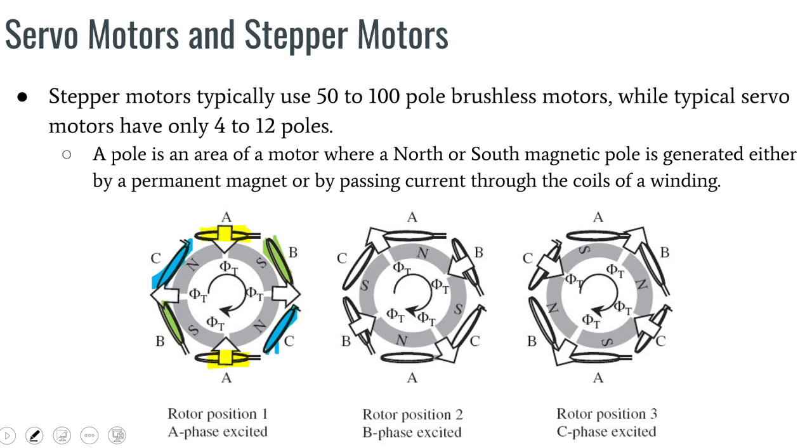When they are at a particular pole, a particular phase will be excited. Also, when a particular phase is excited, that is the pole that is going to be magnetized. That is where the motor is going to wind towards.